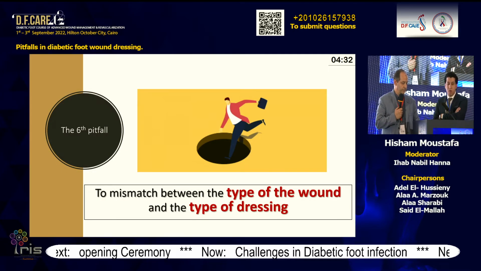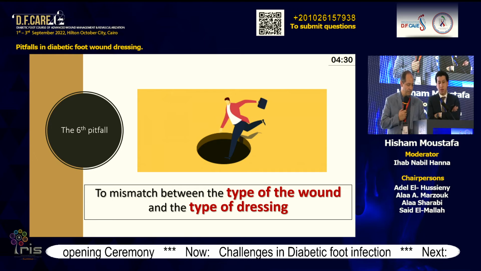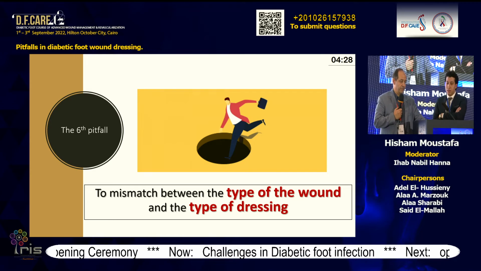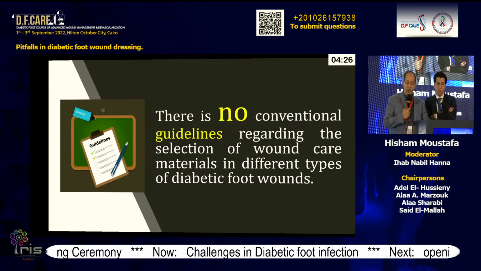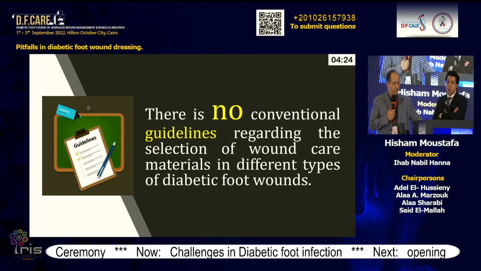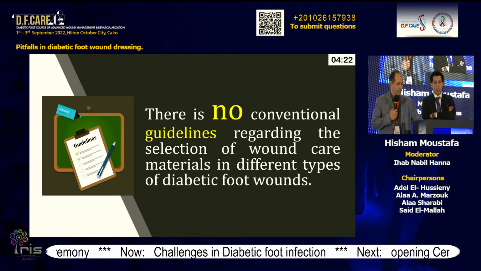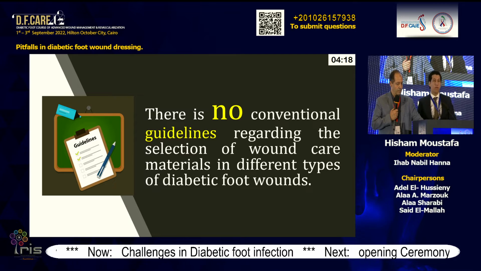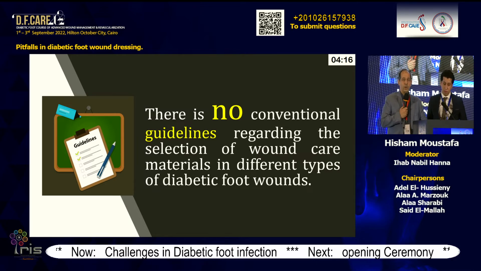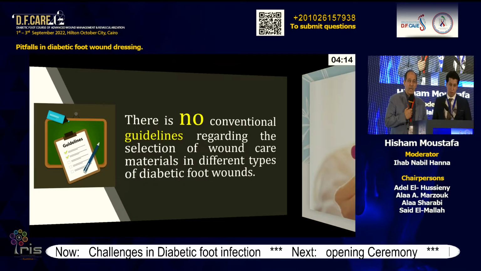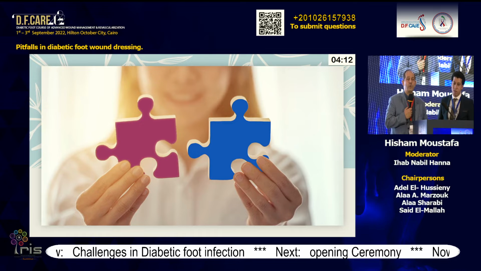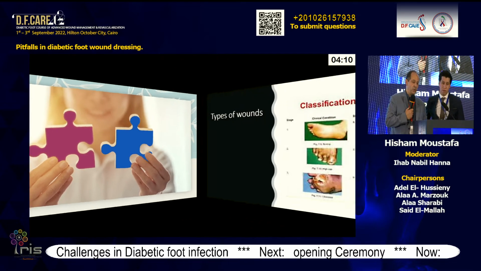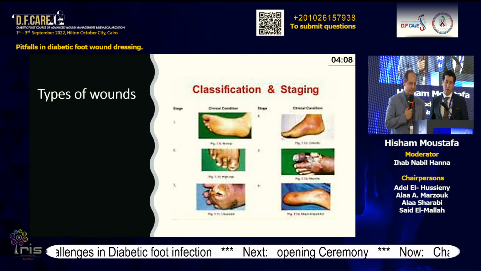The sixth pitfall is to mismatch between the type of the wound and the type of dressing. This is a very important point. There are no conventional guidelines regarding the selection of wound care materials in different types of diabetic foot wounds. We have different types of wounds and different types of wound materials, and we have to match between these types.